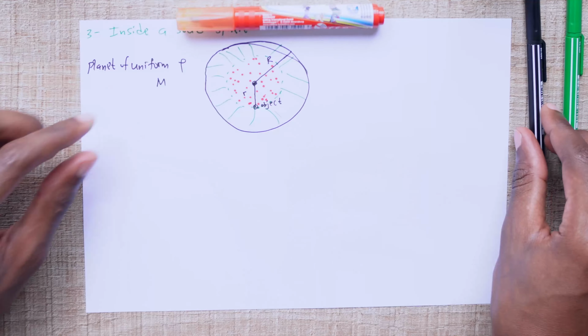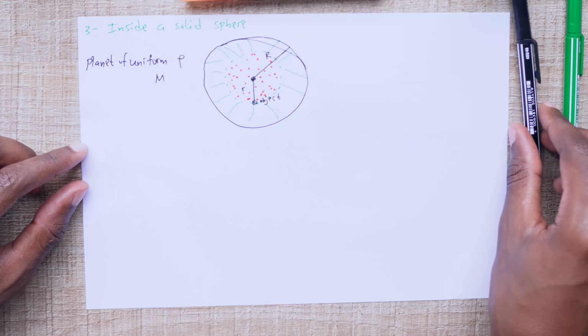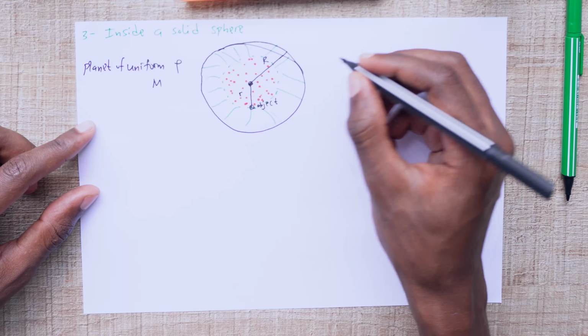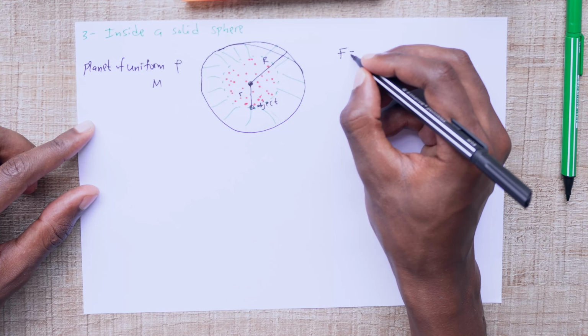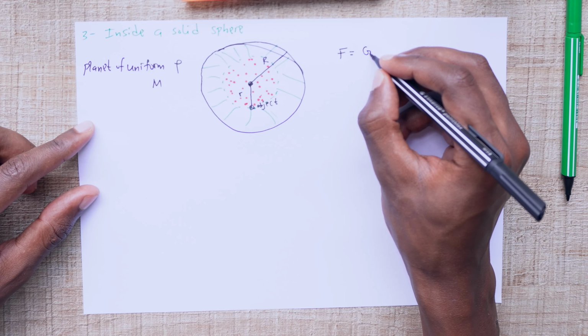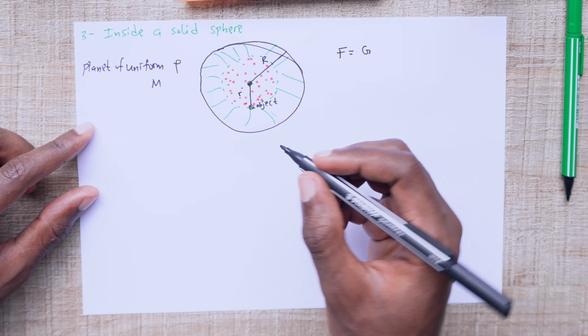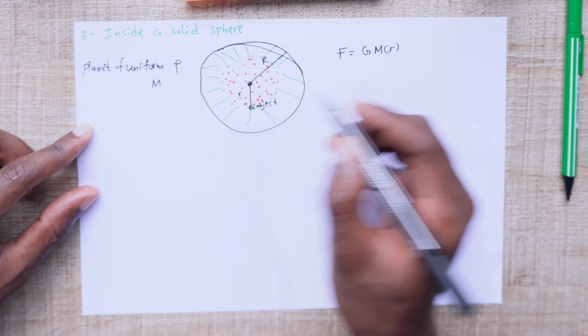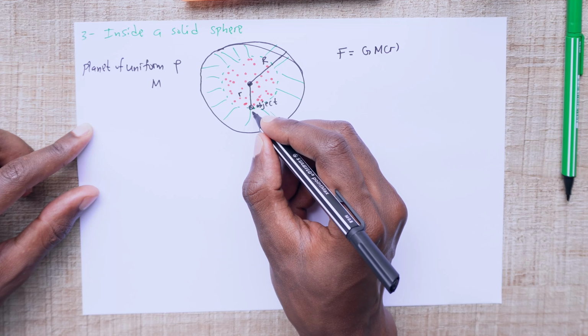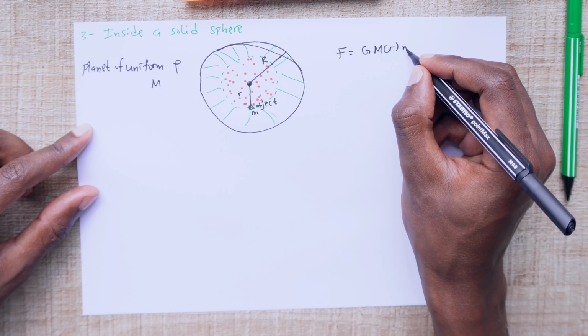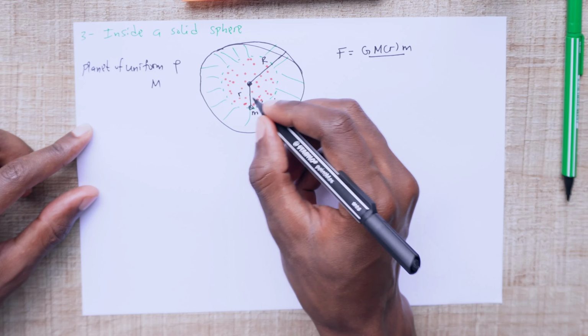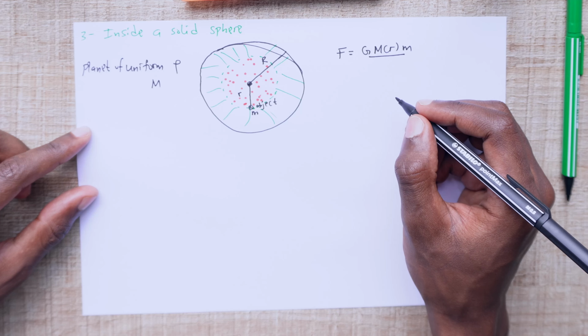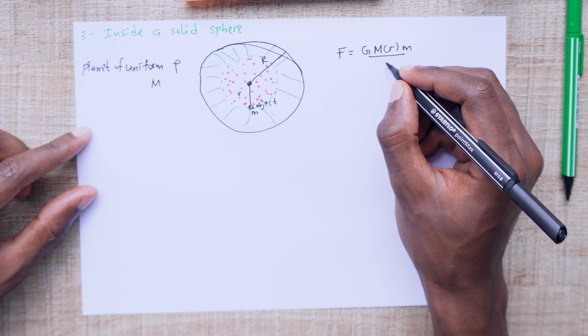Okay, so let's say F, in this case, I'm writing the modulus of the force, is just going to be G times M contained in this radius r, times the mass of the object itself, which is small m, divided by the distance that separates them, and that's r squared.